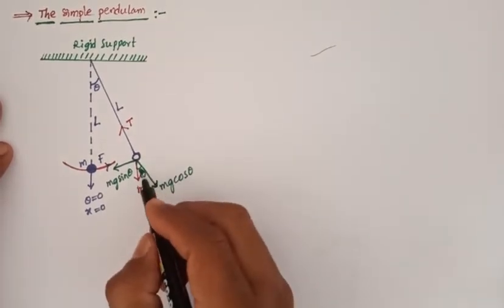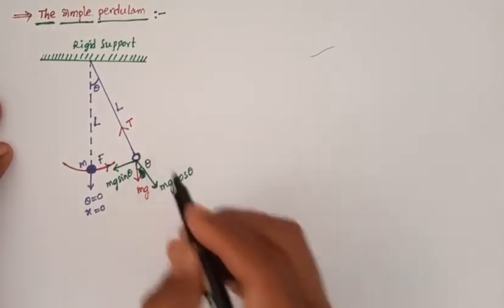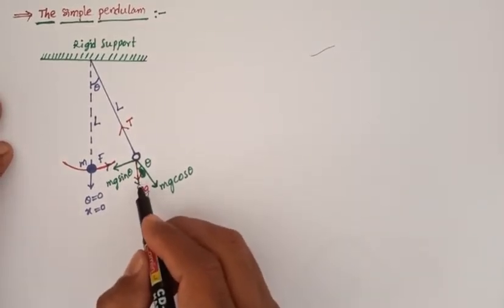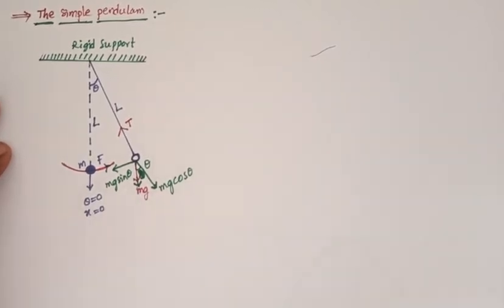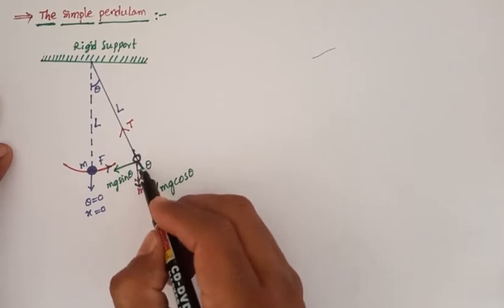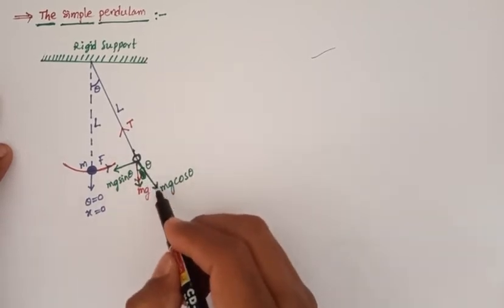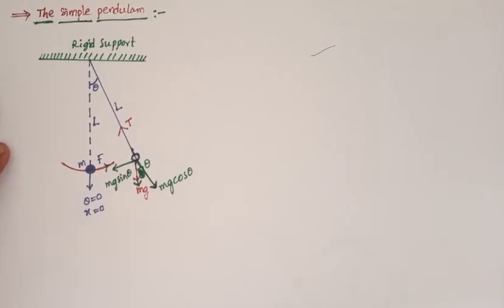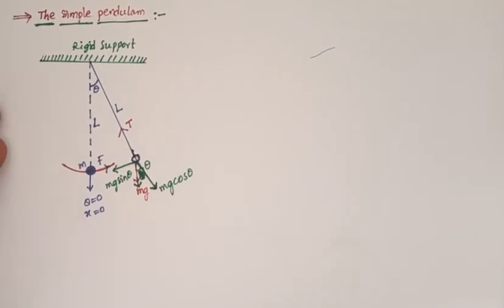The angle here is theta, and the gravitational force in the downward direction is mg. So the horizontal component is mg cos theta.